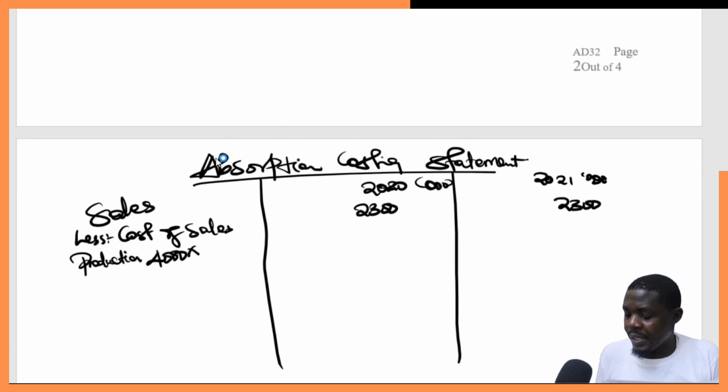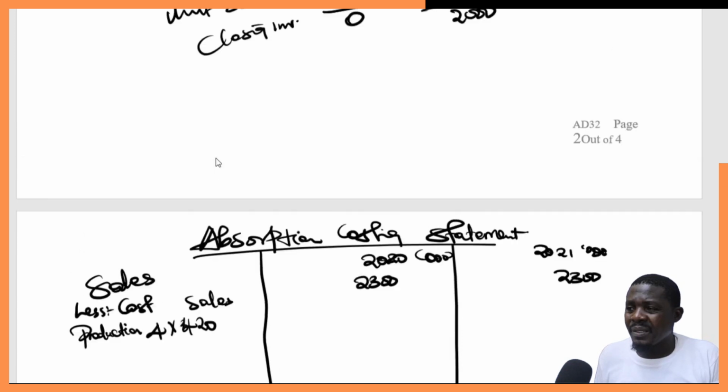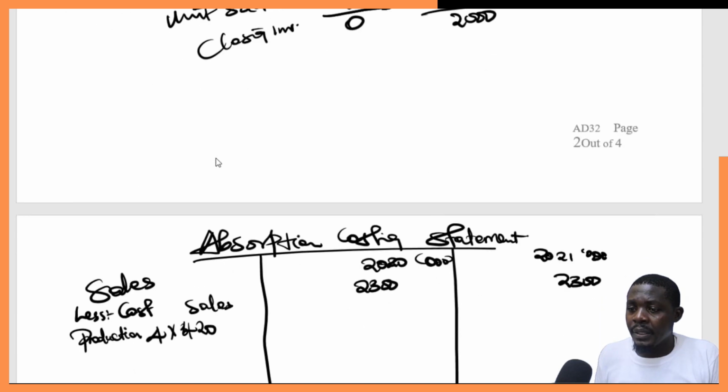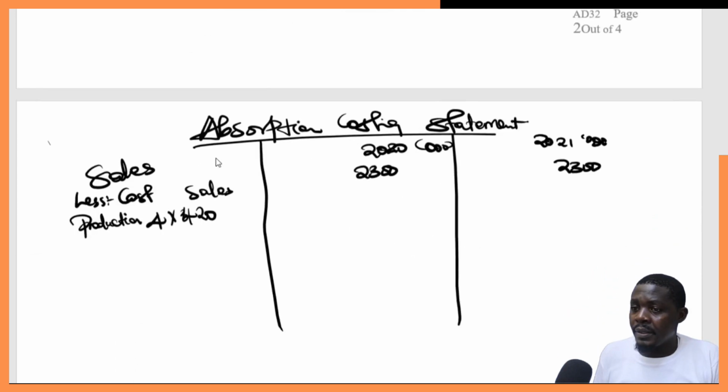Since we are carrying 3 zeros, let me just use 4, multiplied by 420. Is it 420? Yes, 420. Then the other side will be 6,000 multiplied by 360.